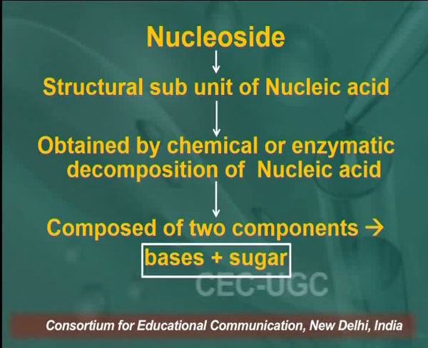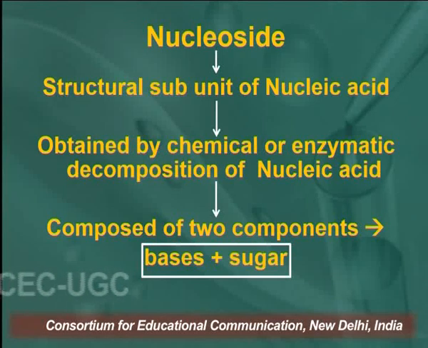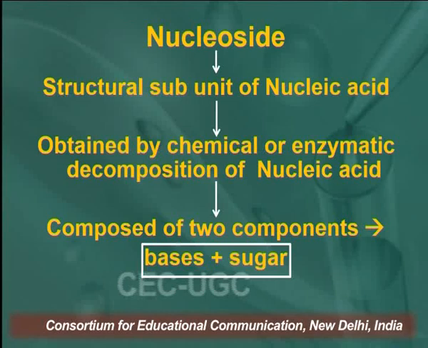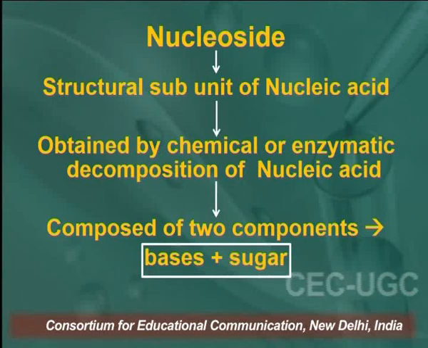Nucleoside is the structural subunit of nucleic acid and it is obtained by chemical or enzymatic decomposition of nucleic acid, and the nucleoside is composed of two components. And what are these two components? Base plus sugar. So, there are two components, one is base, other is sugar.